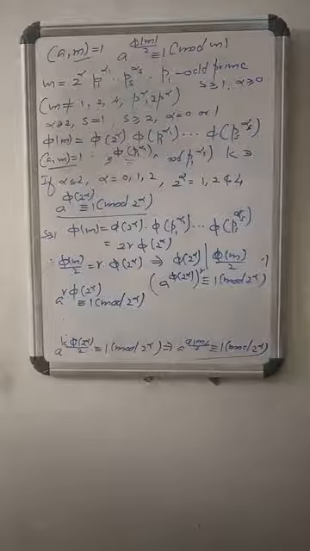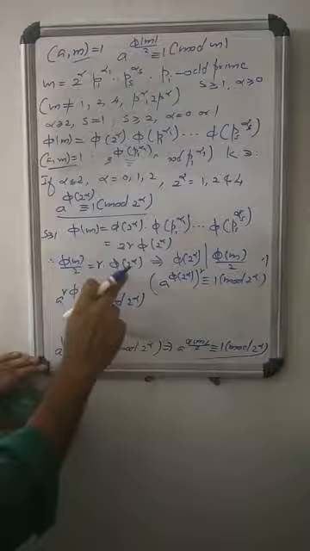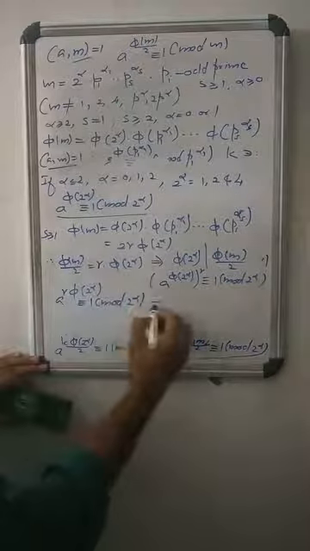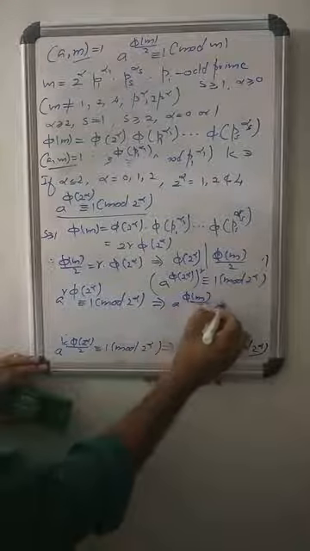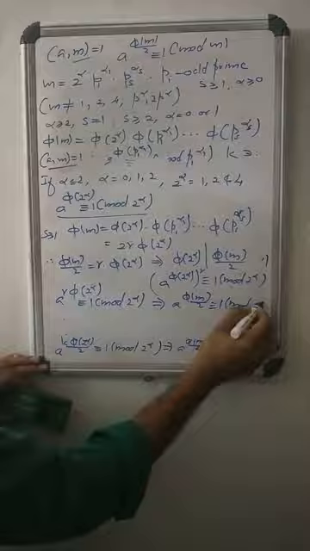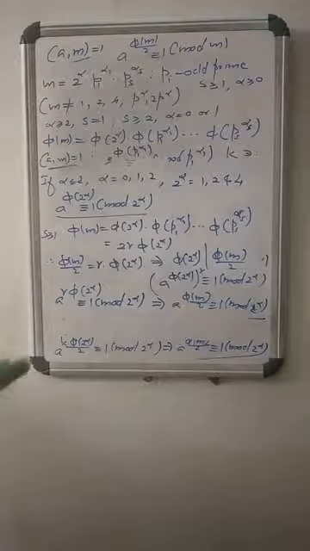Okay, what is r into phi of 2 power alpha? R into phi of 2 power alpha is phi of m by 2. That means a power phi of m by 2 congruent to 1 mod 2 power alpha. Agreed.